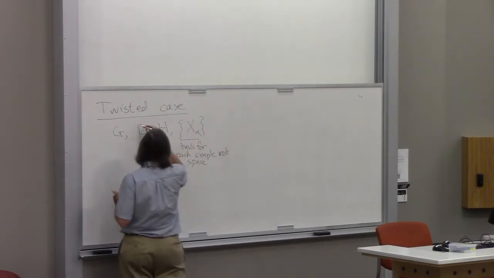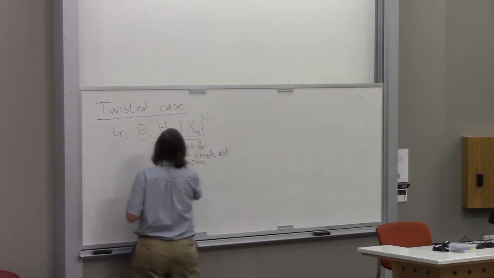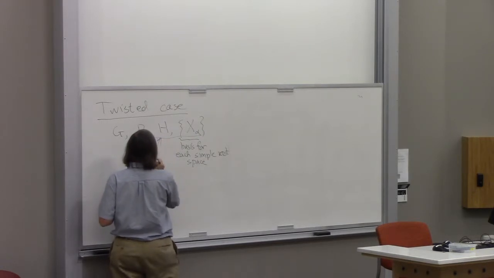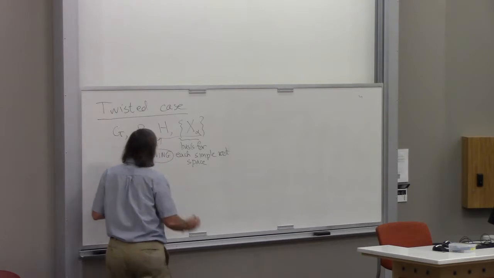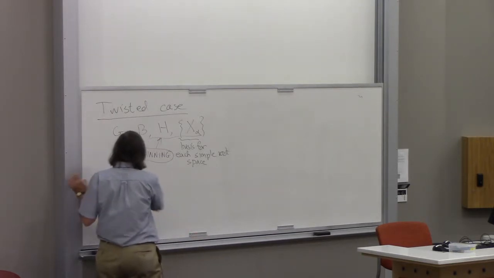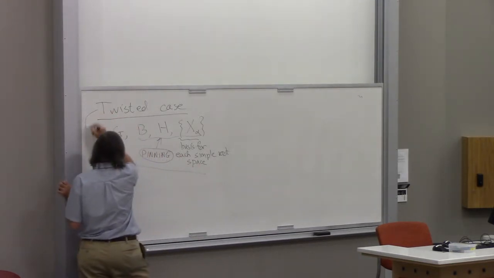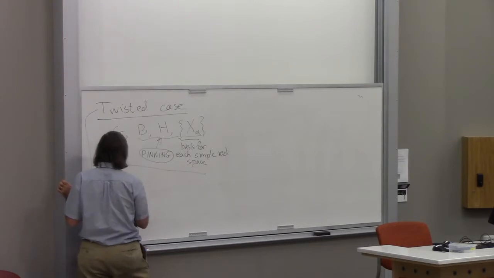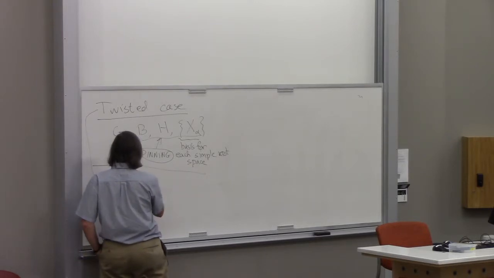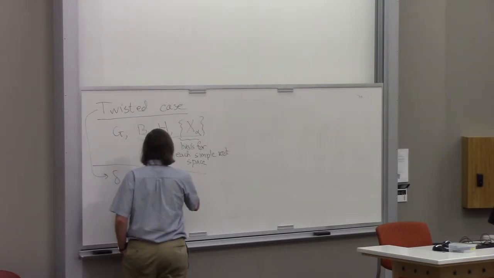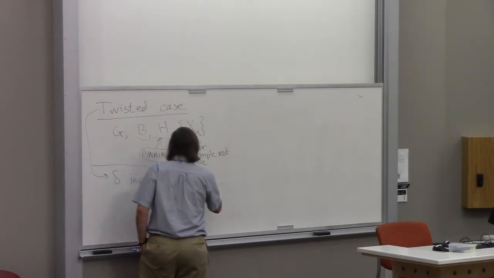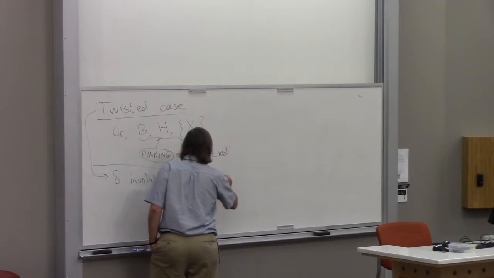This part is called a pinning, and the setting, this twisted case, means that there's an automorphism delta, an involutive automorphism of G, preserving the pinning.